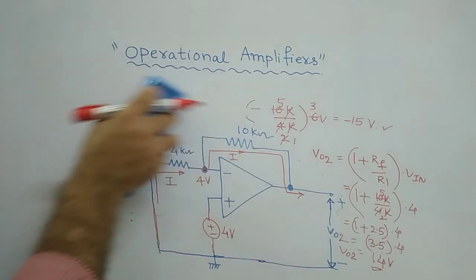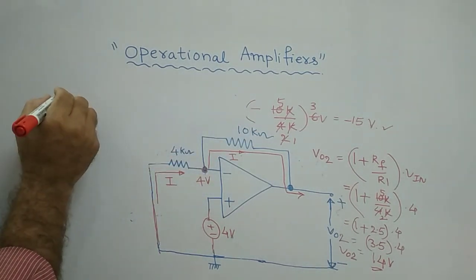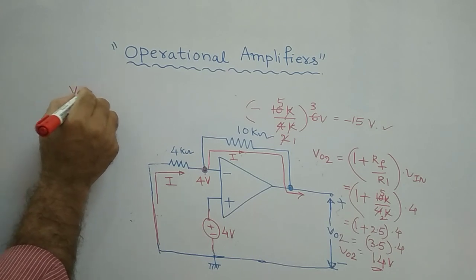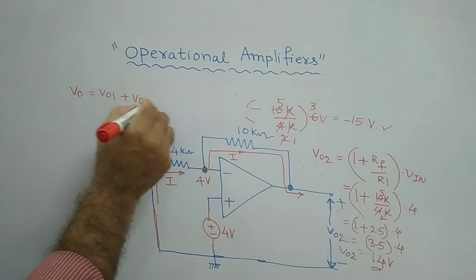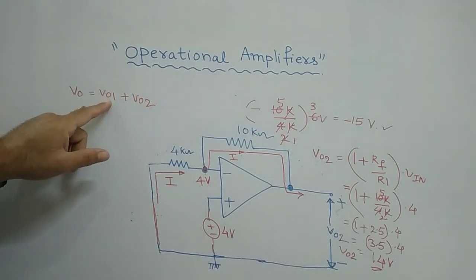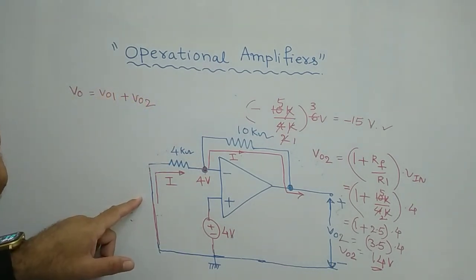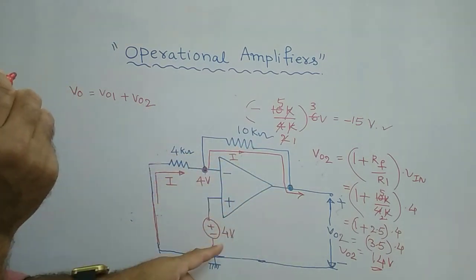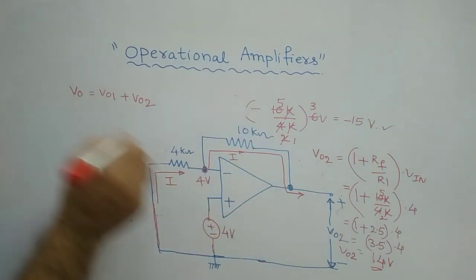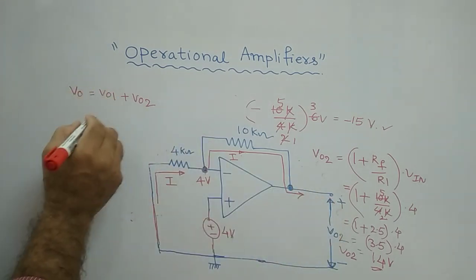Now, what is my overall voltage? Your V0 is nothing but V01 plus V02, where V01 is the output voltage with respect to the 6 volt input supply, and V02 is the output voltage with respect to 4 volts. Clear? If you sum these two outputs, you will get the final output.